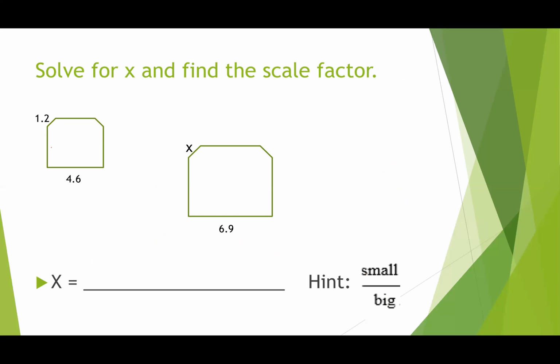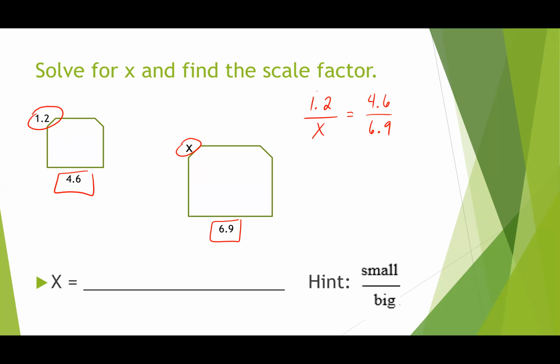To find x, we're going to set up a proportion. I can see this 1.2 is going to match with x, and the 4.6 is going to match with 6.9. They want us to do small over big. That's just a suggestion, you don't have to go with that, but that's how I'm going to solve it. So 1.2 over its matching, which is x, is equal to 4.6 over 6.9.